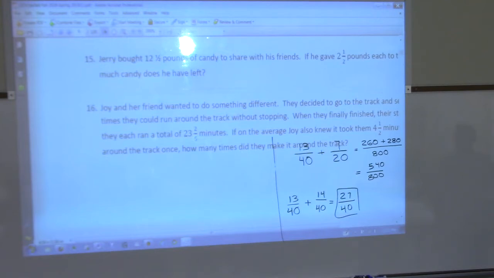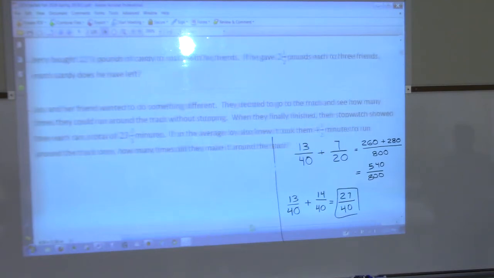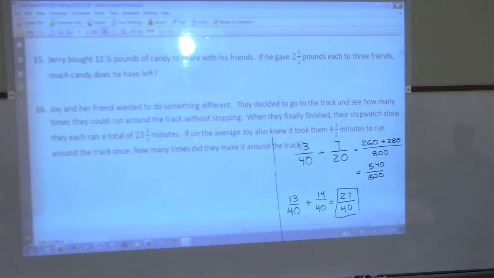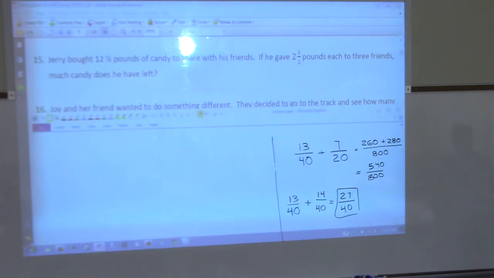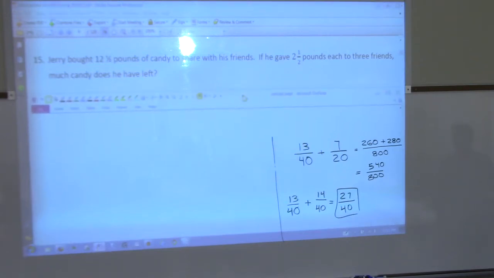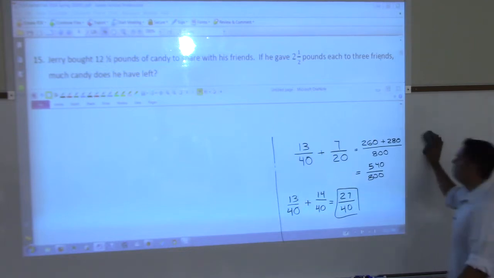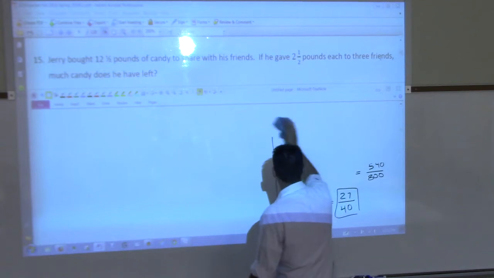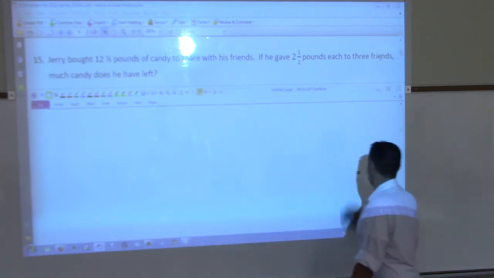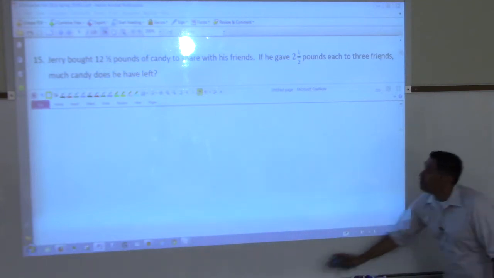Let's just do number 15 here. Let's take a look at it. I can't do all the word problems. It'll take too long. So let's do this word problem, then we're going to take a little 5-minute break, and then we'll come back and we'll get into the next section here. Or maybe we'll do another word problem.